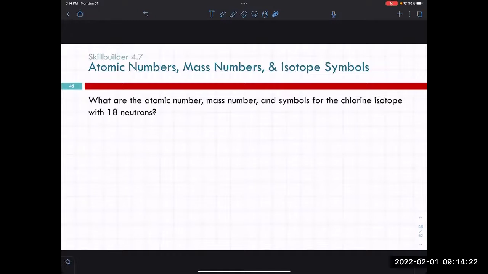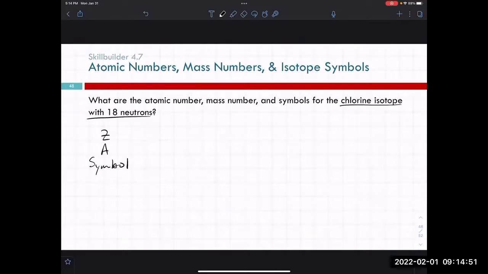Okay, so for chlorine, we're going to have a chlorine isotope with 18 neutrons. We want to know the atomic number Z, the mass number A, and the symbol for a chlorine isotope with 18 neutrons. So what's the first thing that we should look up?